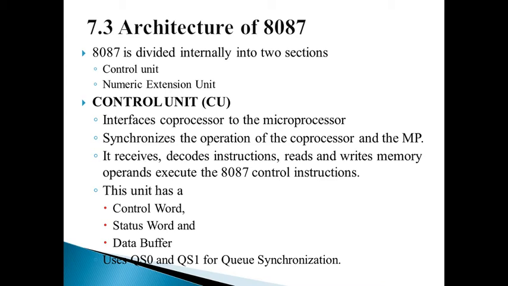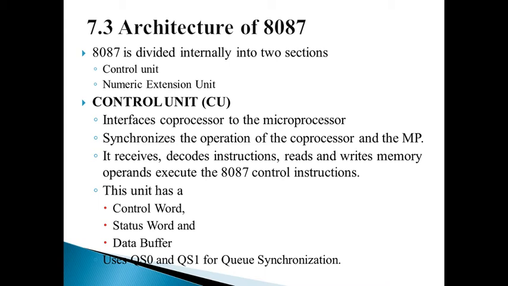The 8087 uses QS0 and QS1 pins to obtain and identify the instructions fetched by the host, the 8086, and the 8086 identifies the coprocessor instructions using the escape code bits in these instructions. Here we have seen FADD and FMUL.